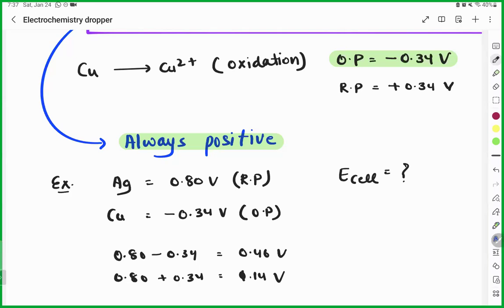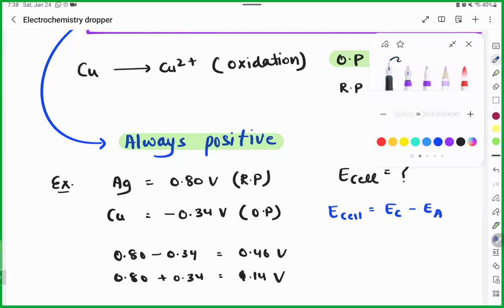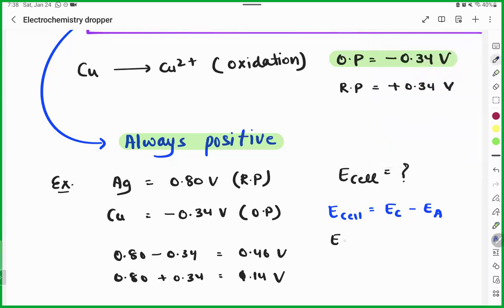Okay. So in that case, if you solve, E cell is equal to E at cathode minus E at anode, that is, reduction minus oxidation. Your reduction value for Ag is 0.80, minus what is the oxidation potential?